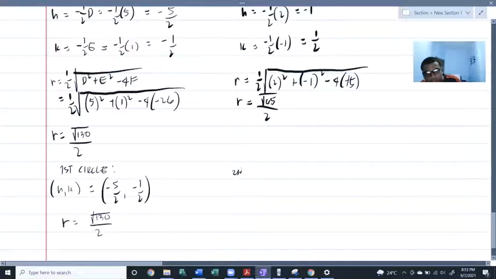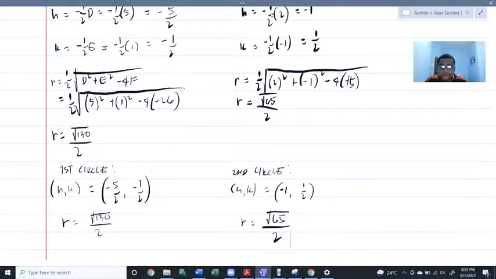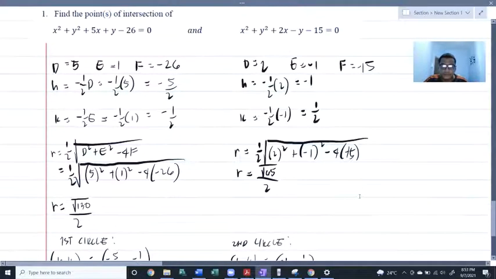And our second circle, our center is located at negative 1 and 1/2. And our radius is equal to square root of 65 over 2. Okay.